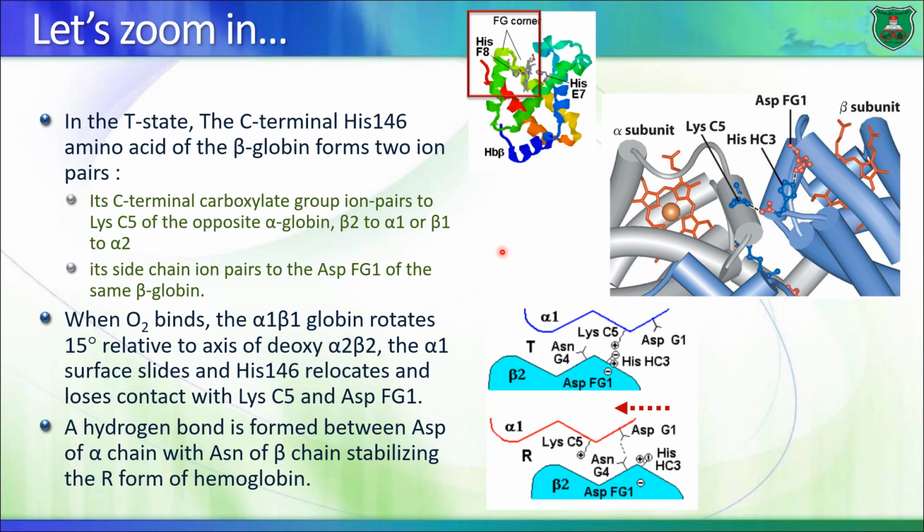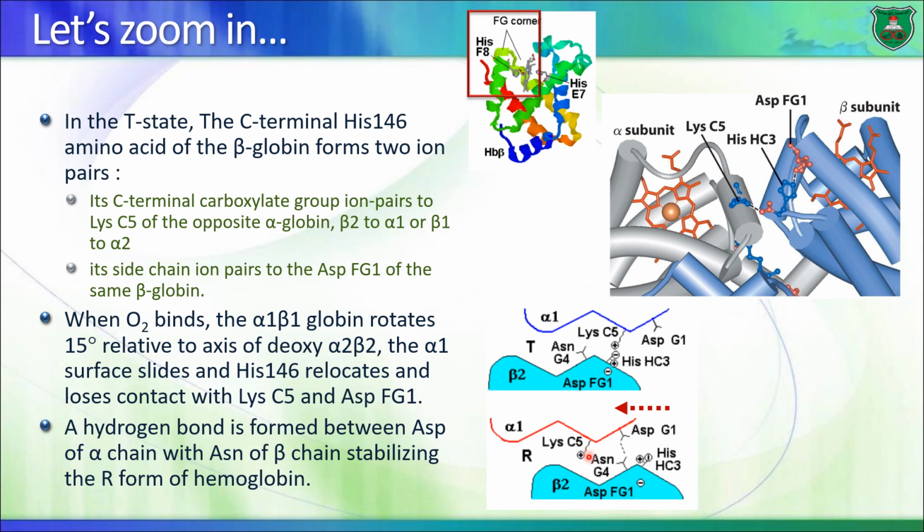So what happens is that when oxygen binds and you have a change in the structure of the heme molecule and movement of the helix, that results in sliding of the alpha and the beta chains away from each other. So these electrostatic interactions are gone, and right here the histidine on the beta chain now slides away from the alpha chain, and you have loss of the electrostatic interaction between this histidine and this lysine.